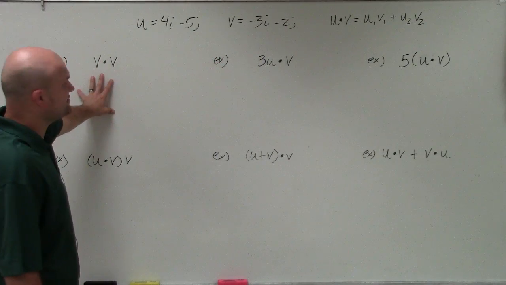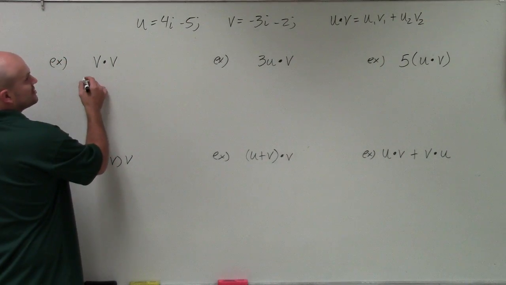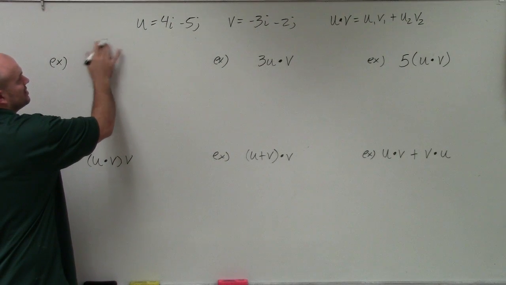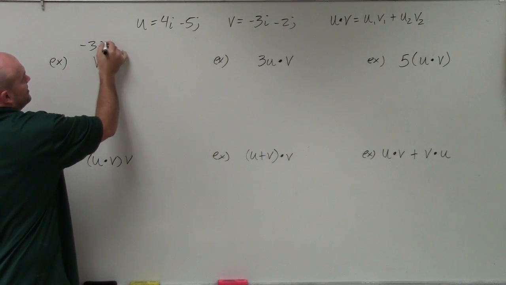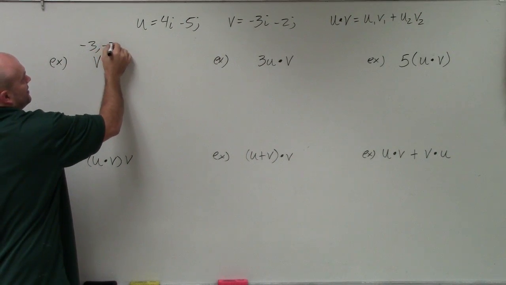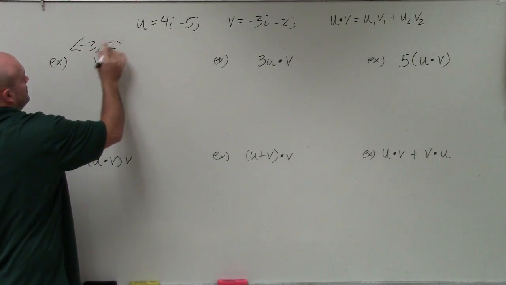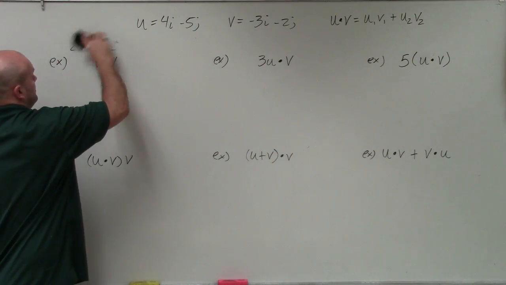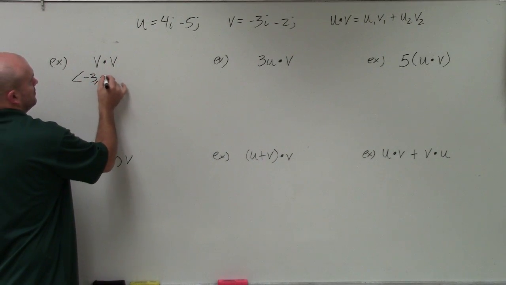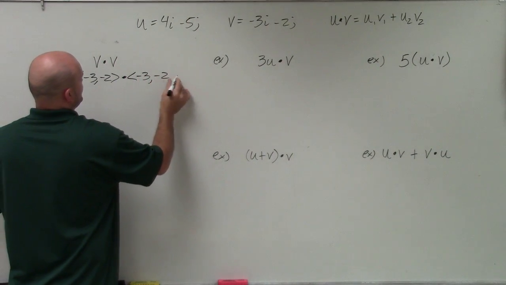What happens if I do the dot product of a vector by itself? Let's take a look. I have my vector v, which is negative 3i. Let's write this in components: negative 3, negative 2, dot negative 3, negative 2.